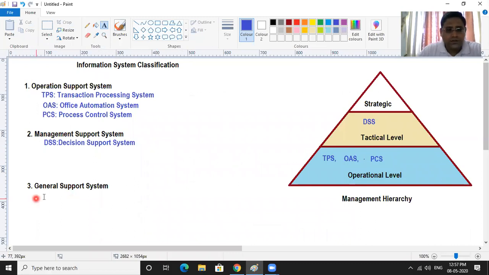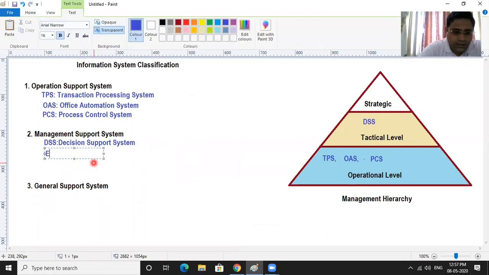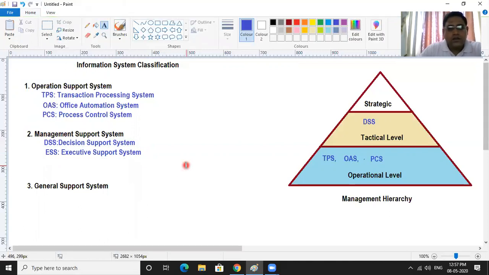Now, the general support system. But in decision support system, I would like to add one more thing, that is ESS, and the full form is Executive Support System.